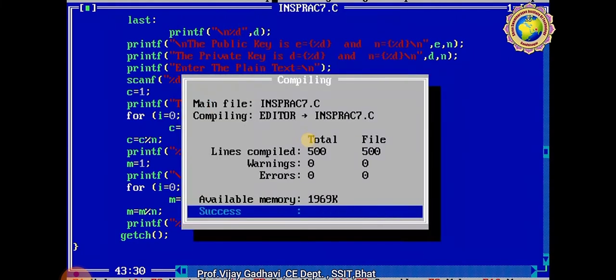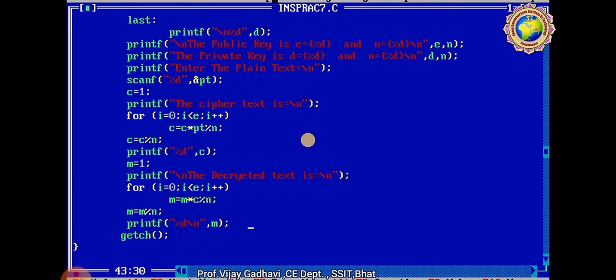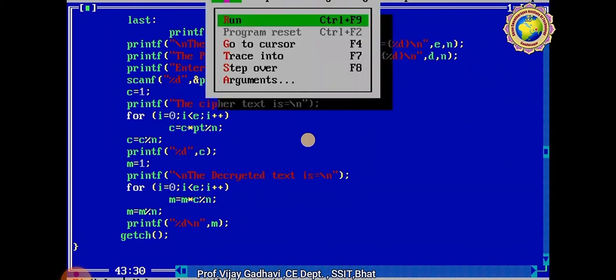Now we need to compile. Warning 0, error 0. Now run. See here the output. Enter the first prime number, you can get 7. Enter the second prime number.